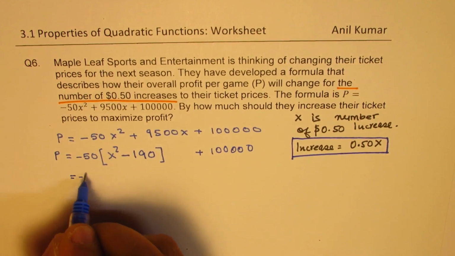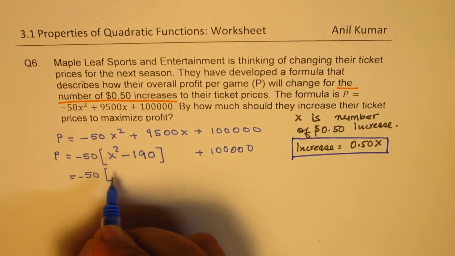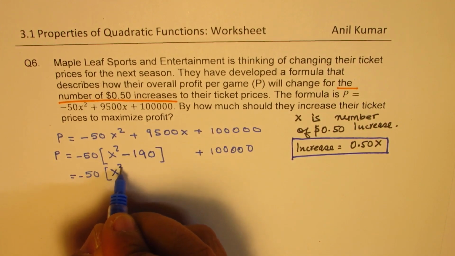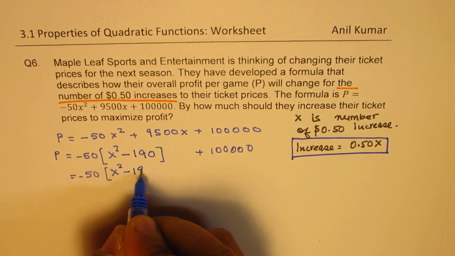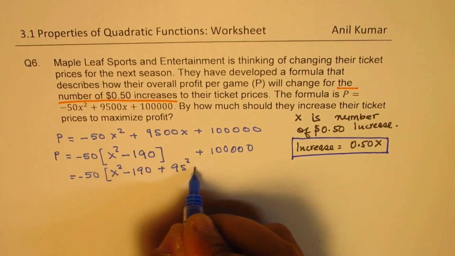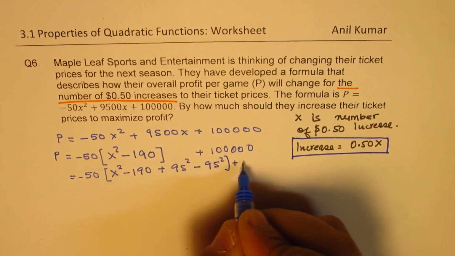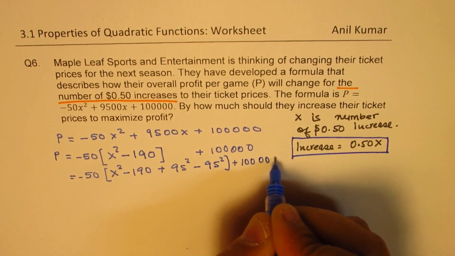Now the second step is we'll do half of 190 and add and subtract its square. That is the completing the squares step. So that is 95. So 95 squared minus 95 squared plus 100,000.